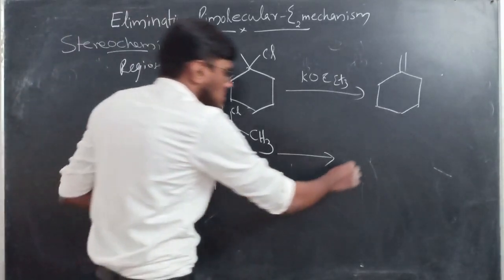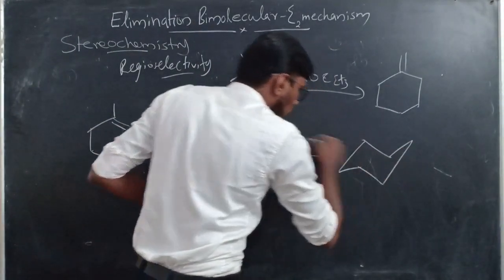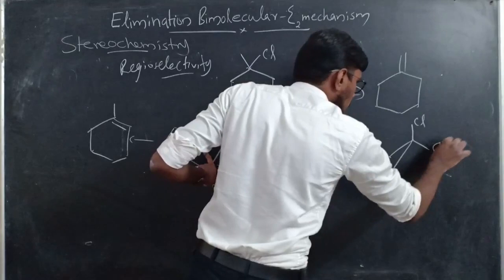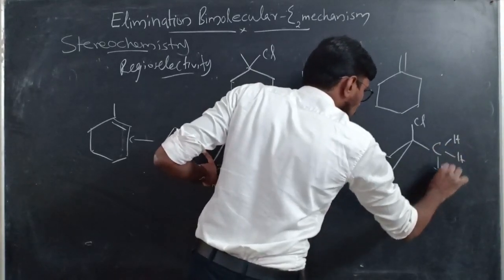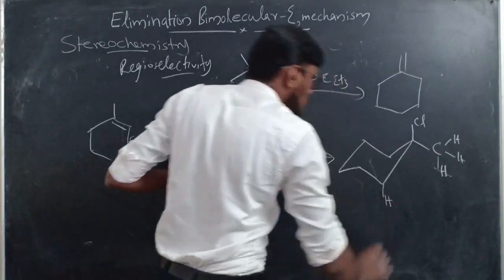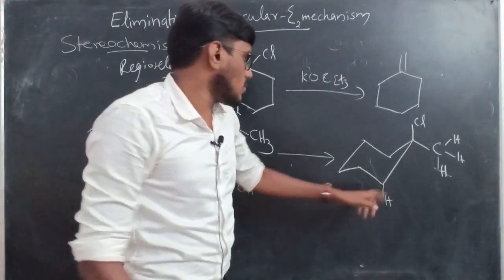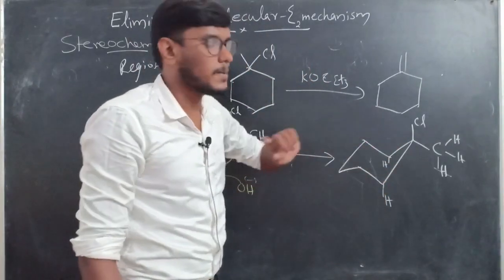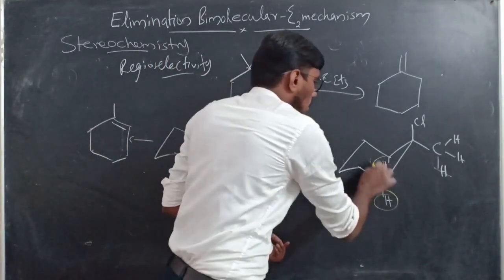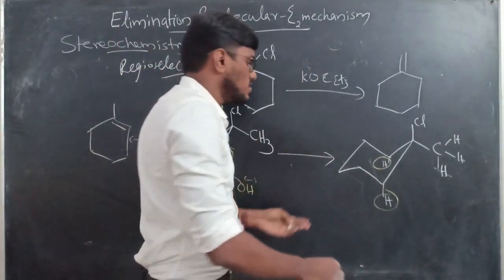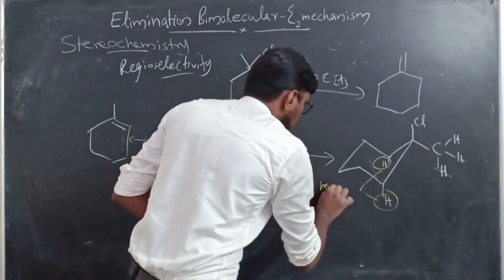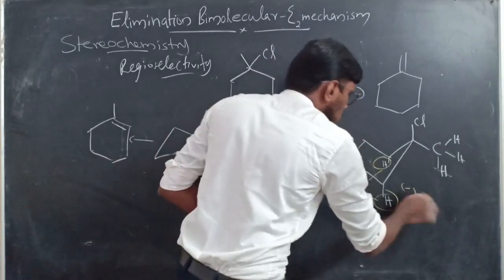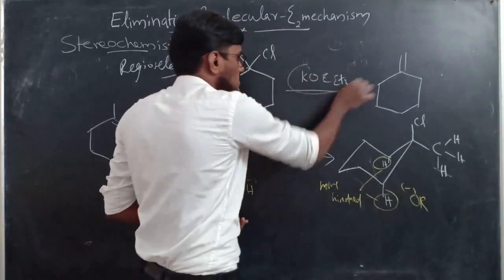Here what happened is, in this cyclohexyl ring, there is an anti-hydrogen on both positions to Cl. These two are ring hydrogens, which are more hindered to the bulkier base, that is this bulkier base.